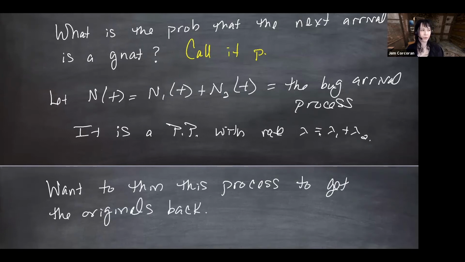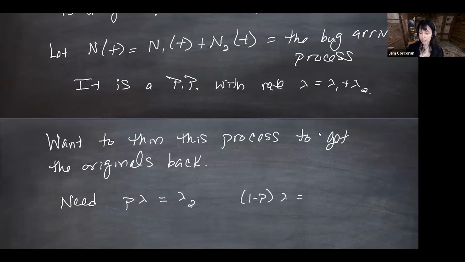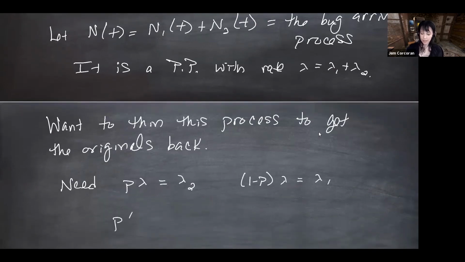That seems a little backwards and circular, and it kind of is. So I need p times lambda, where p is my gnat probability, to give me lambda 2. And 1 minus p times lambda to be lambda 1. Now, lambda is lambda 1 plus lambda 2.